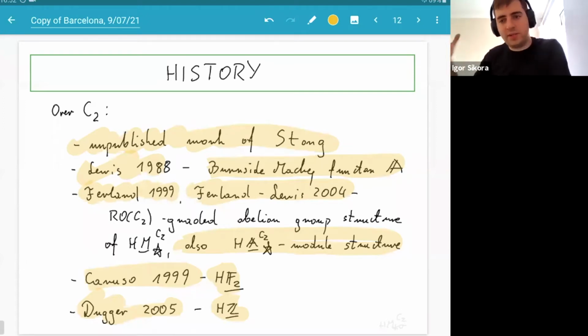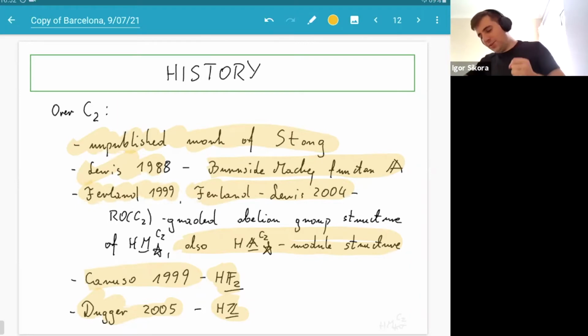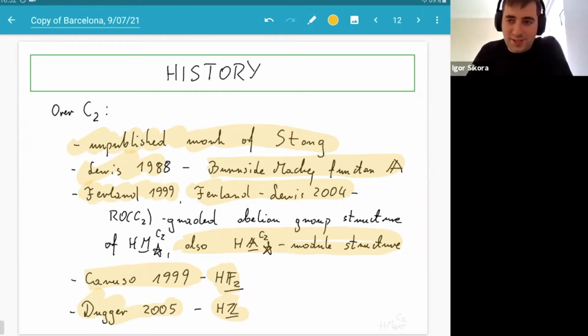And also the secret goal of this talk is to advertise the method based on the Tate diagram as a good method for doing such computations.